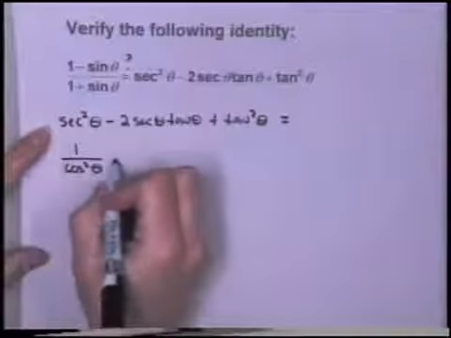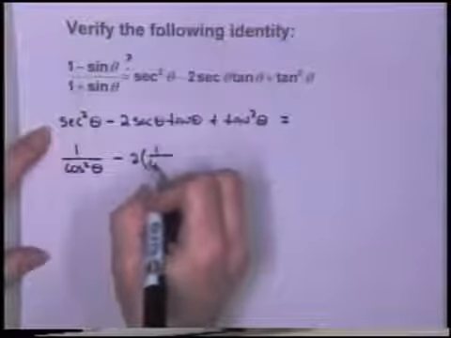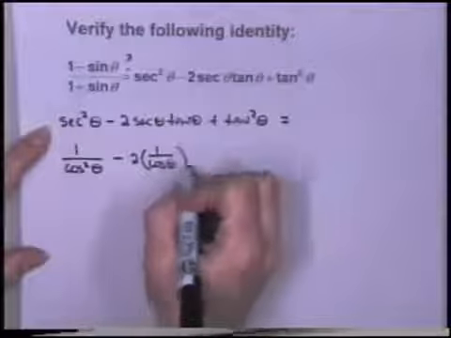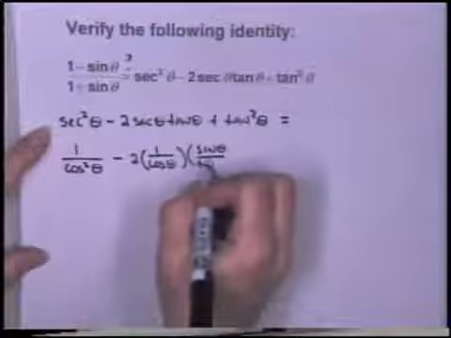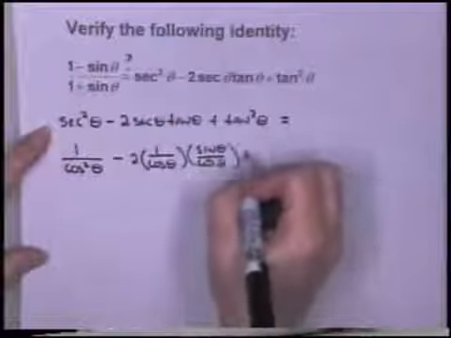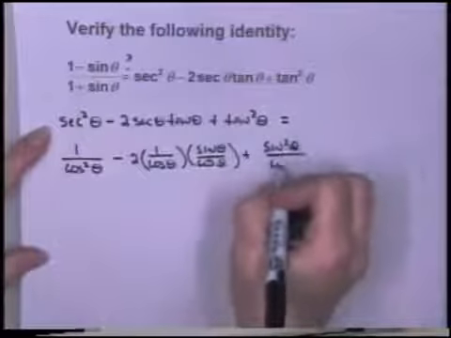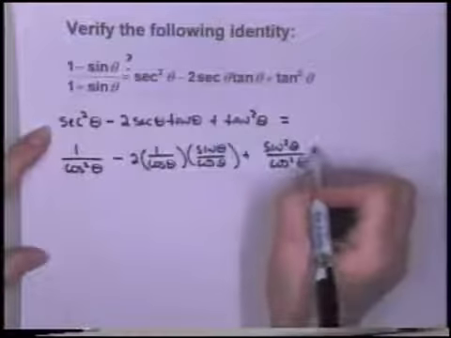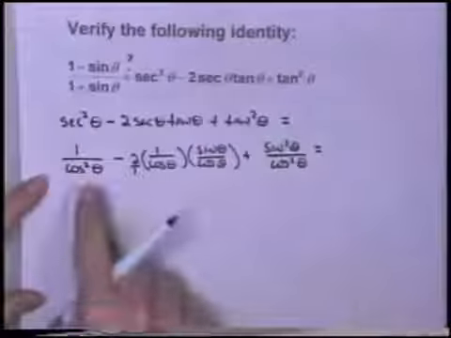Secant squared is 1 over cosine squared, minus 2 times the secant, which is 1 over cosine. The tangent is sine over cosine. And tangent squared would be sine squared over cosine squared, wouldn't it?